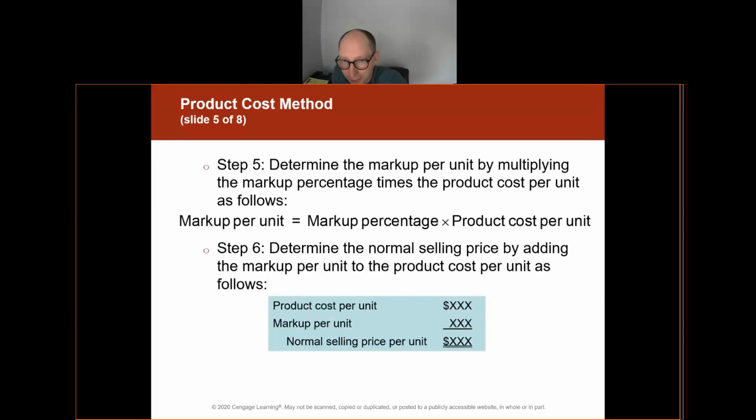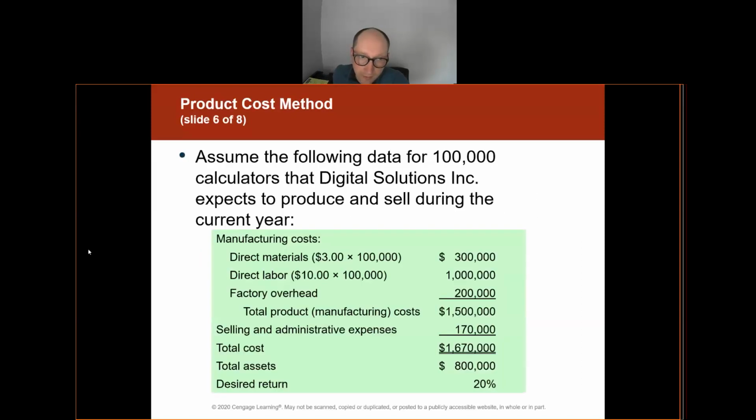We learned a little bit about that in the previous chapter, if I'm not mistaken. In step 5, we find our markup per unit. That's our markup percentage times the product cost per unit. Step 6, we find our sales price: product cost per unit plus markup per unit. If we follow those 6 simple steps, we'll be able to find our sales price.